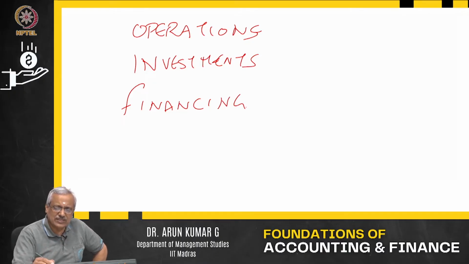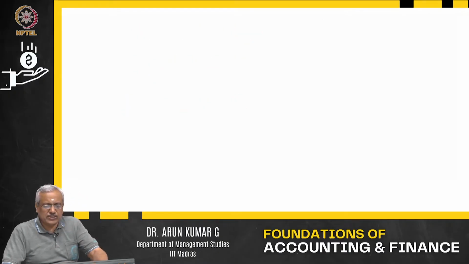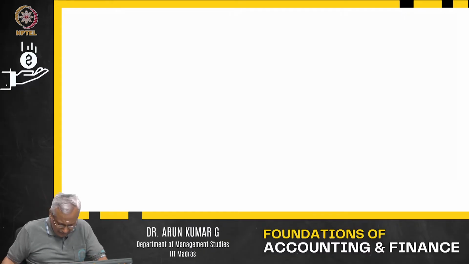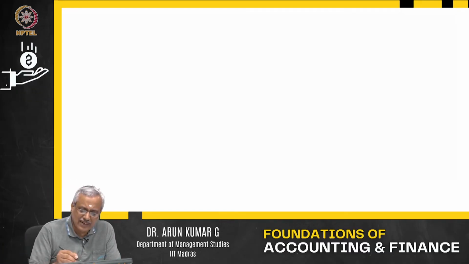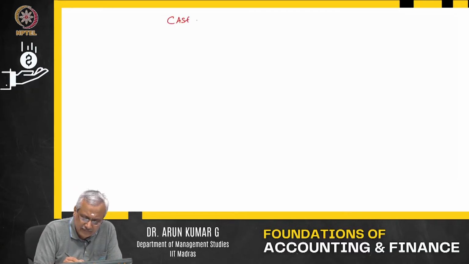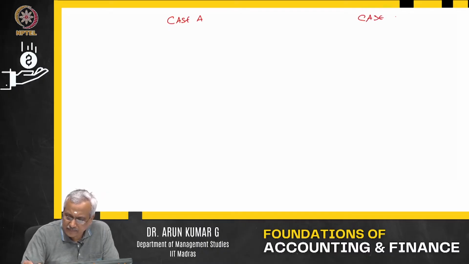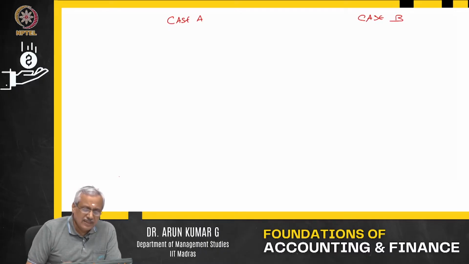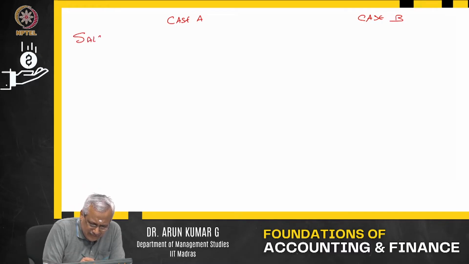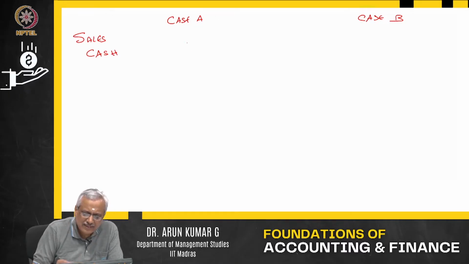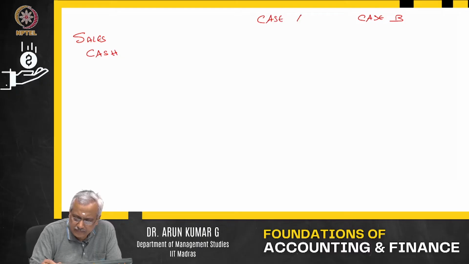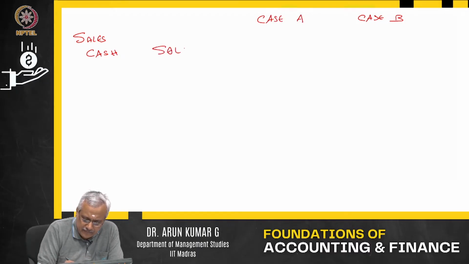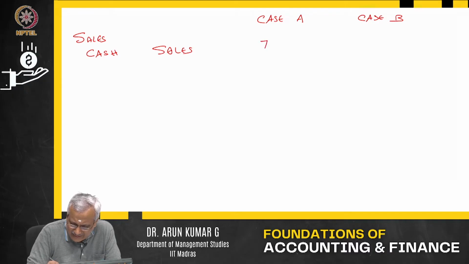Let us take two situations, let us say case A and case B. Now, sales. For case A, there is cash sales of 75,000.